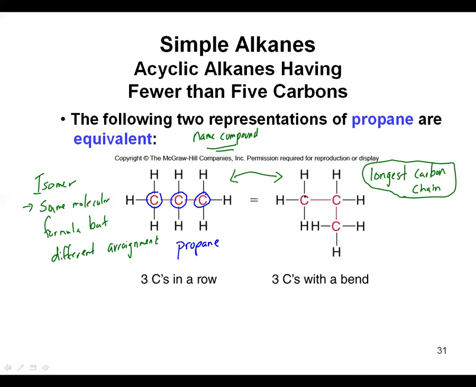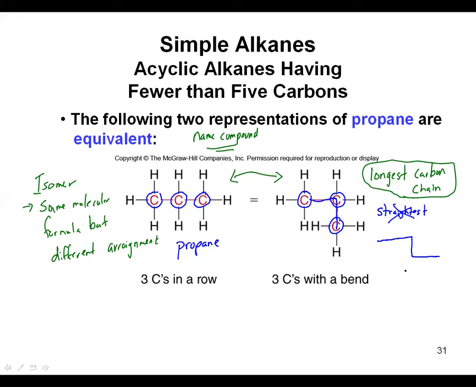Now, when we look at this one, although it may look like something different, this is 1, 2, and 3 carbons in a row. The longest continuous carbon chain does not always have to be the straightest. The only rule is you go in one direction, it could go down, but you go one direction and stop.